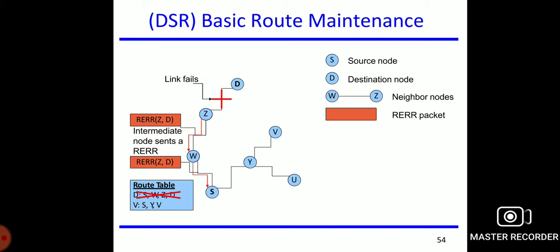This is the basic route maintenance. So this is the fundamental concept of basic route maintenance in the Dynamic Source Routing algorithm.